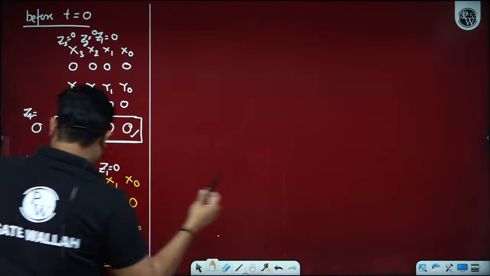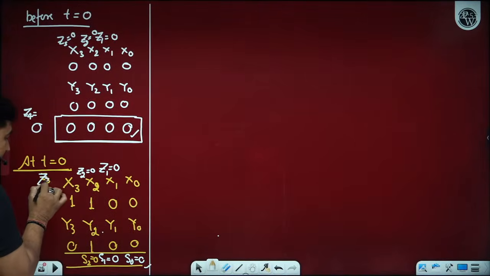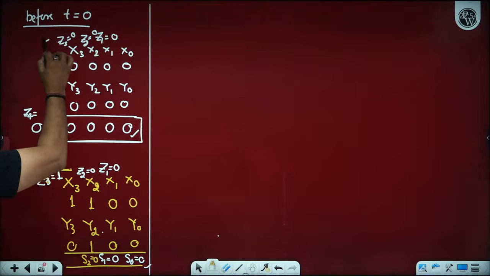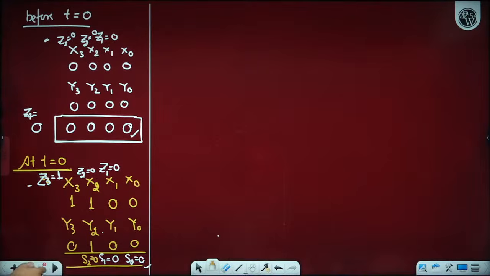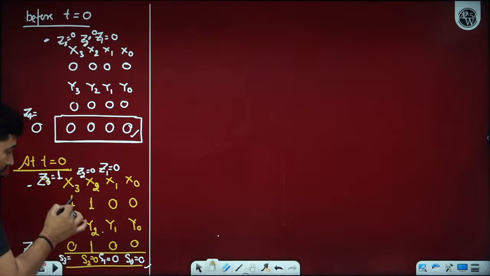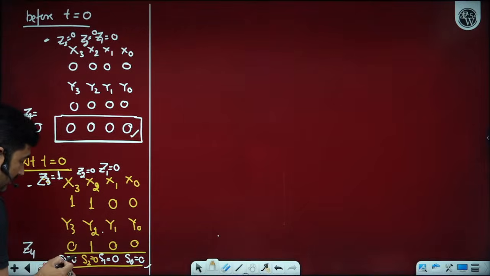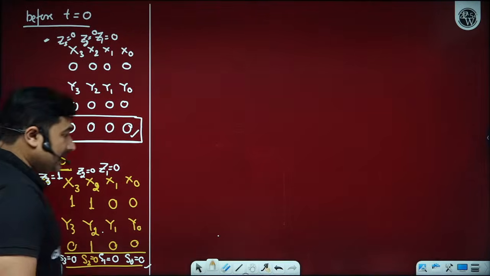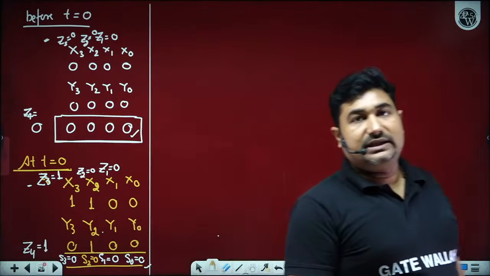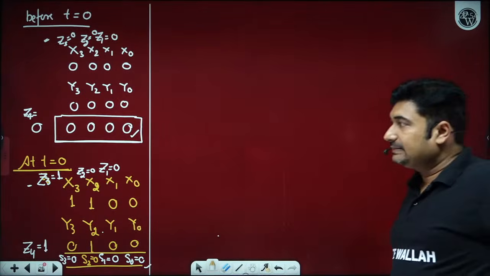Z3 will become logic level 1. So Z3 changed. Is it okay? And now, when these three get added, we have Z4 and S3. So 1, 1, 0 means we get 0 with carry over 1. So Z4 and S3 are needed. How many of you are able to understand?